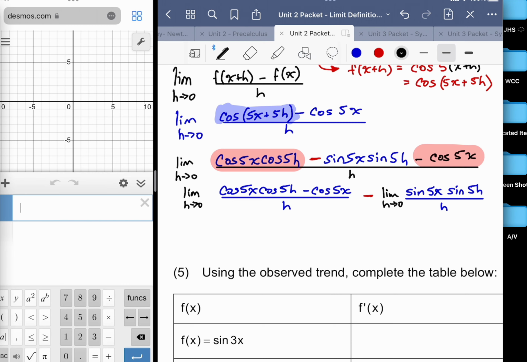Then I'm going to pull out a quote-unquote GCF, and that GCF in the first fraction would be a cosine 5x. In the second one, it would just be a sine of 5x, because those are factors that don't involve an h.